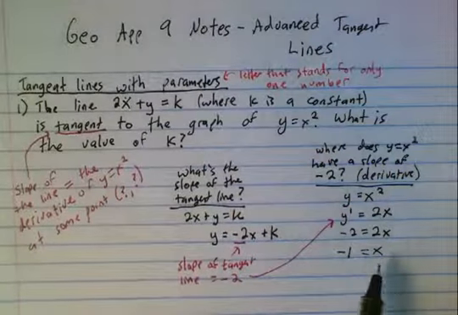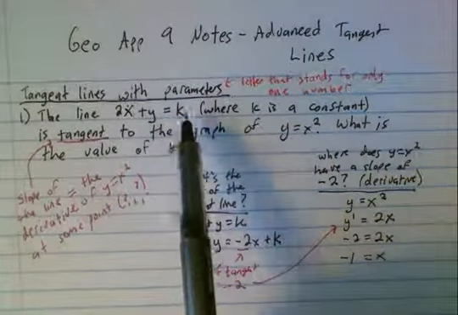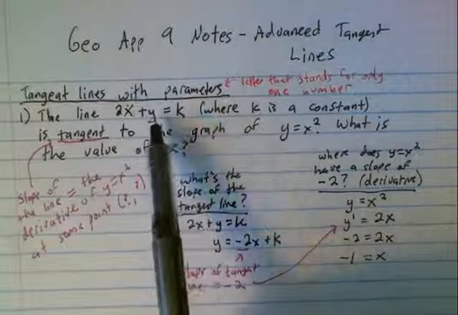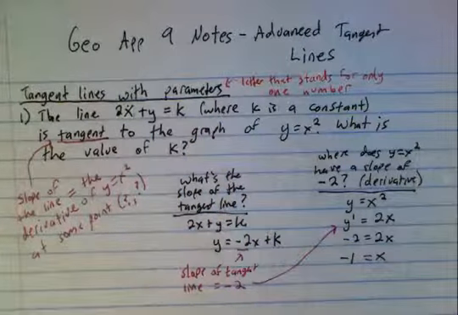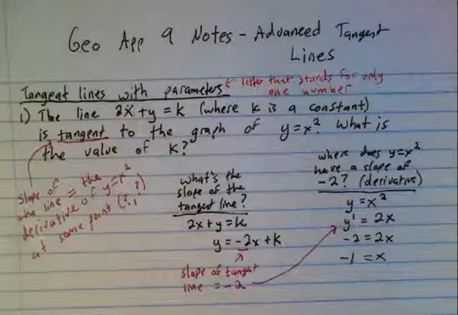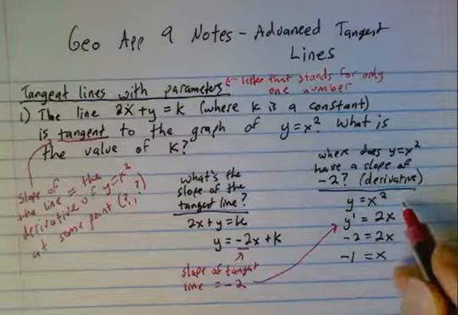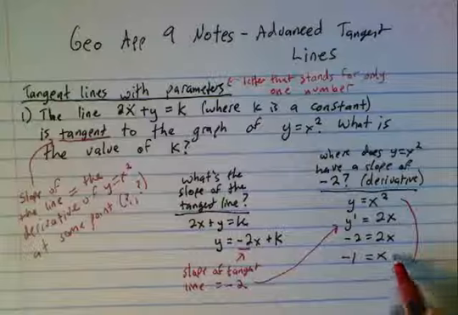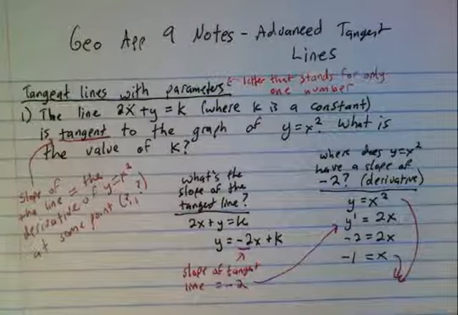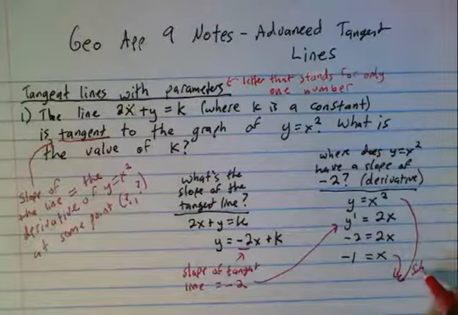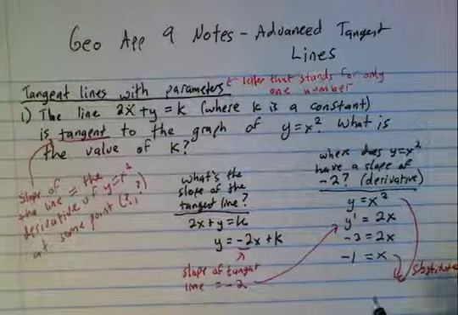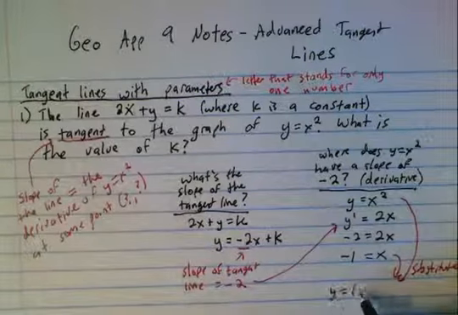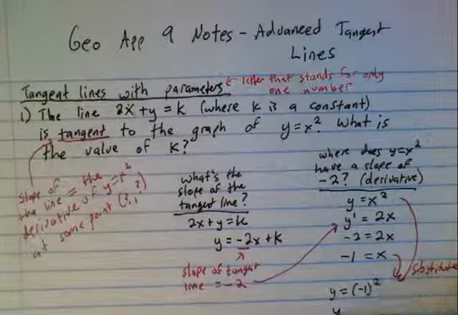Now we know x. We're trying to find k. So if we also can find out what y is, and we plug both those in, then we can solve for k. So what I'm going to do is use this original function and substitute in. y equals negative 1 squared, y equals 1.